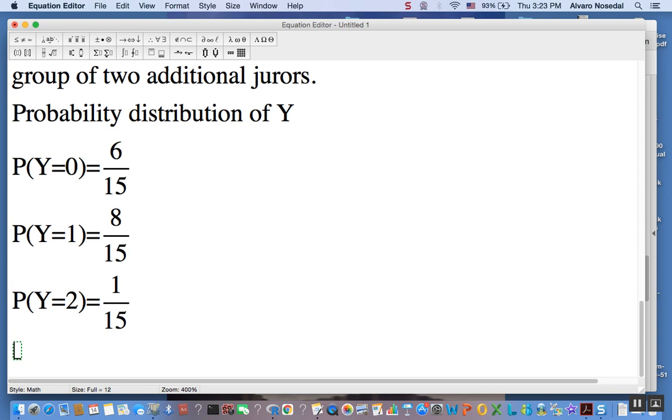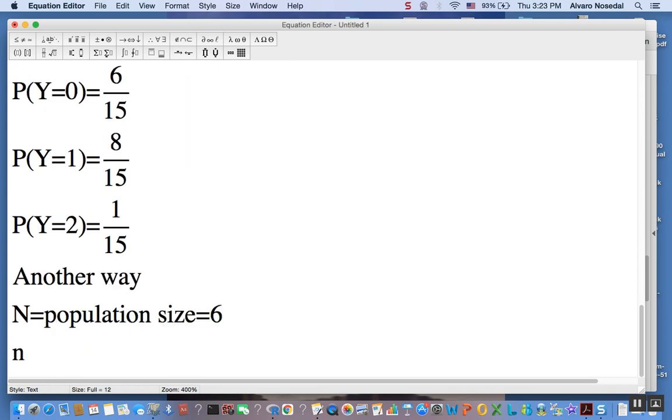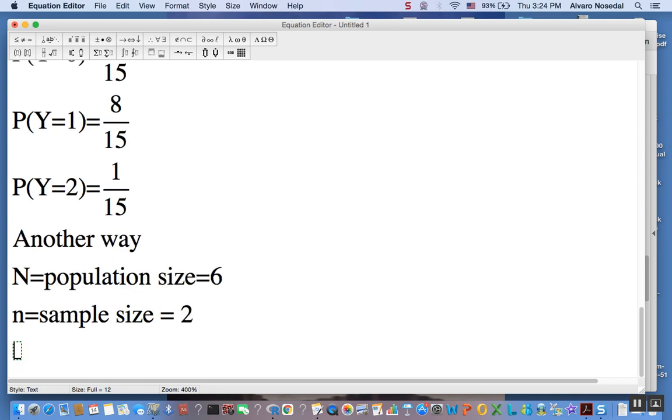Let me show you another way. So now let's use our notation, okay? We said that capital N represents the population size. In our case, 6. Lowercase n will represent our sample size, in this example, 2. R, as we mentioned, represents the number of successes in our population.